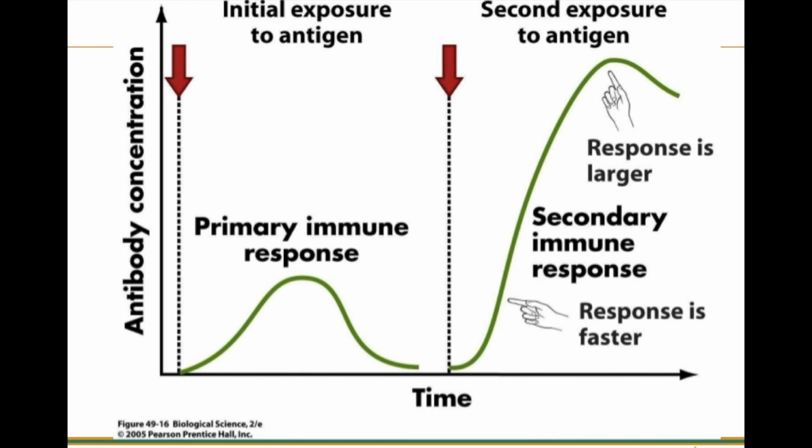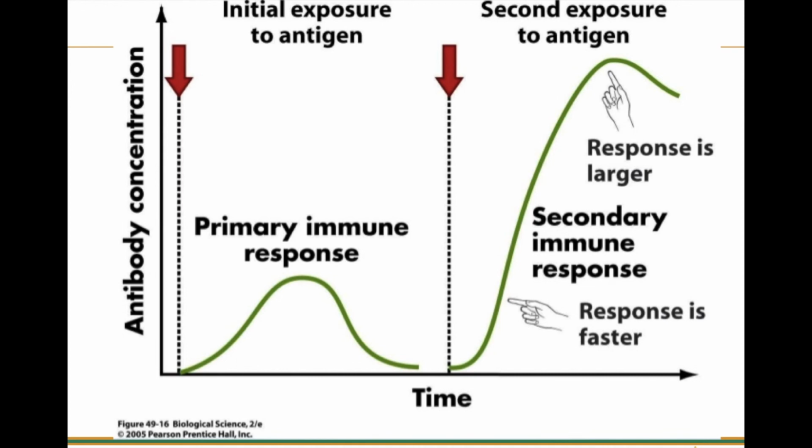In the primary immune response, we have to find this antigen, then we have to create B cells, and then they have to make plasma cells, and that takes a little bit of time. So the time between exposure to a new antigen and when we find antibodies in the blood takes anywhere from 3 to 6 days, and during that time you're getting sick and displaying symptoms probably.